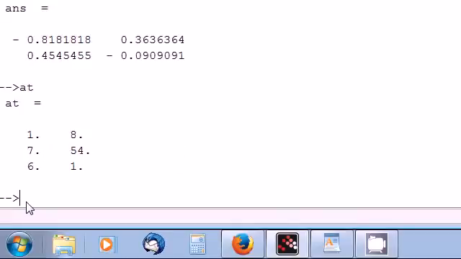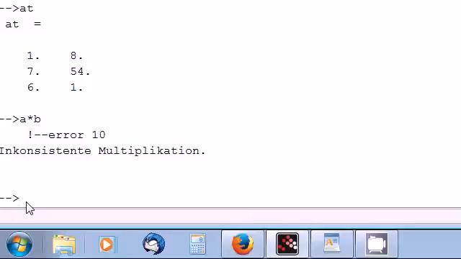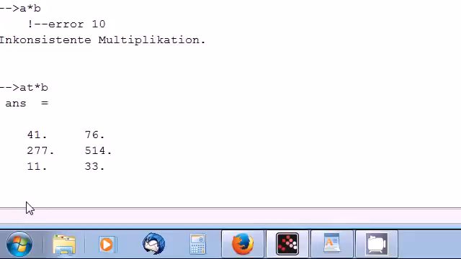A transpose is 3 by 2. We can then multiply it by B because it's a 2 by 2 matrix. So 3 by 2 times 2 by 2 should give us 3 by 2 again. Inconsistent matrix, sorry, we need to use the AT matrix.